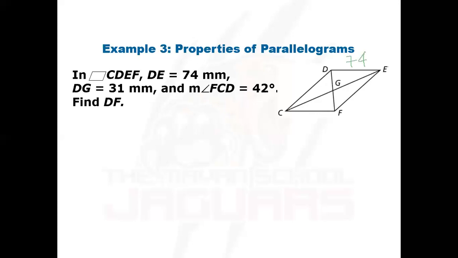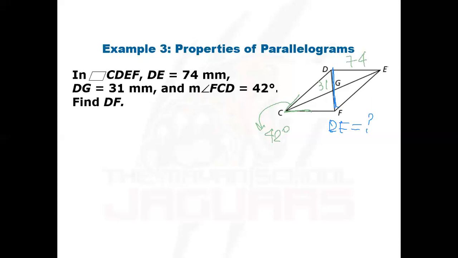The segment DG is 31 millimeters, and the angle FCD, this one over here, measures 42 degrees. And in this case, guys, what we need to do is to find the length of the segment DF. This segment here. We need to find the length of that segment. The segment DF.